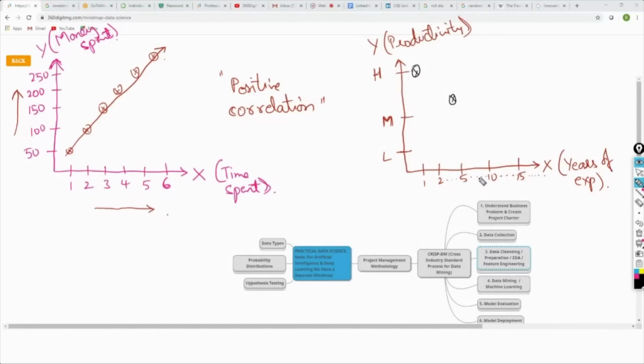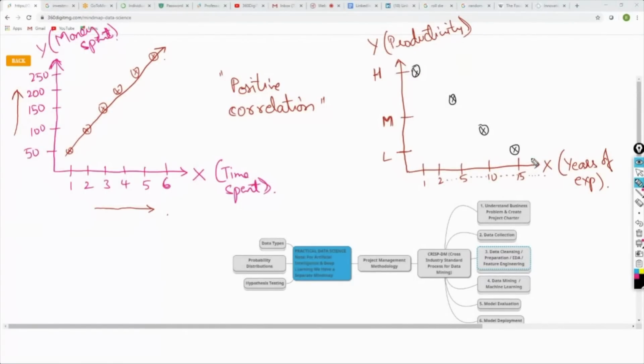The moment you gain 10 years experience, say you become a manager, your productivity further decreases because now you're offloading the work to your team leaders, who are in turn offloading the work to your analysts who just joined the organization. If your experience increases to 15 years, what happens?